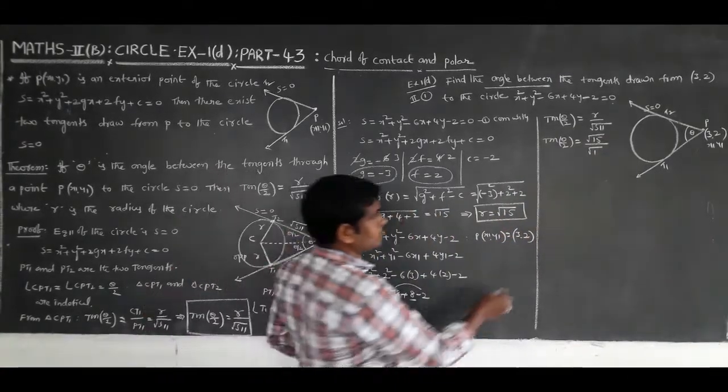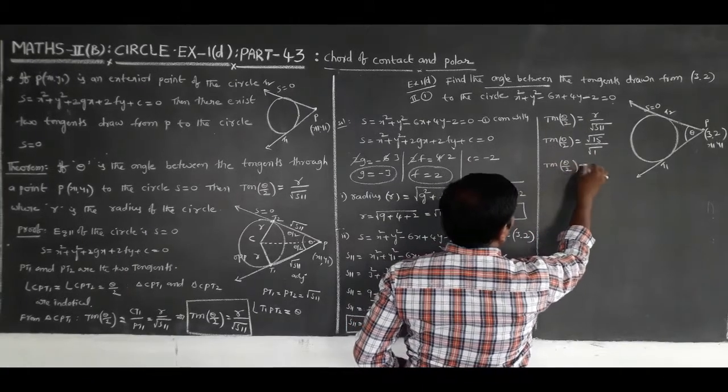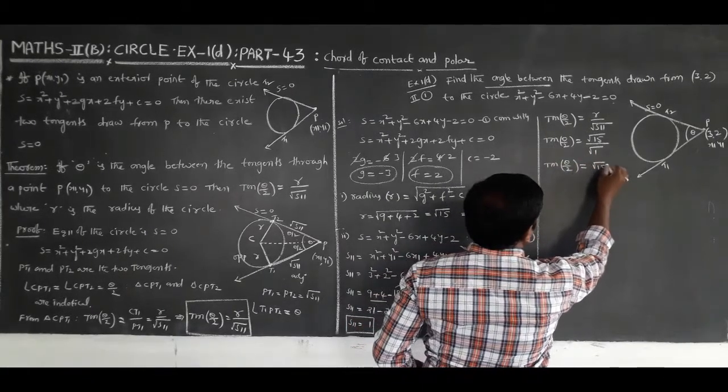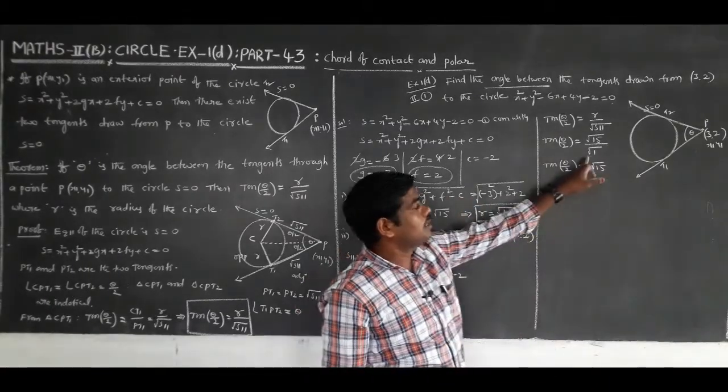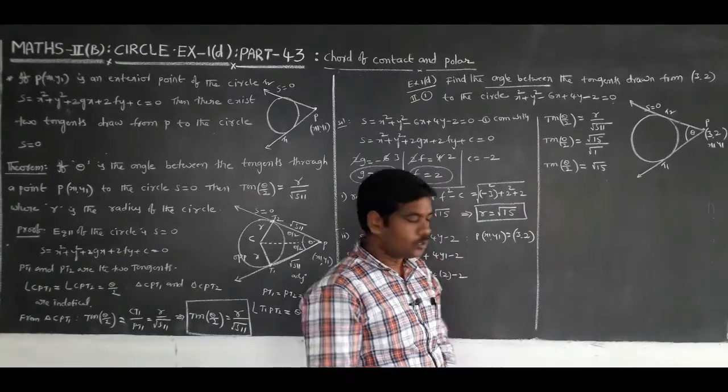S11 is equal to 1, and root 1 means 1. So here tan theta by 2 is equal to root 15.